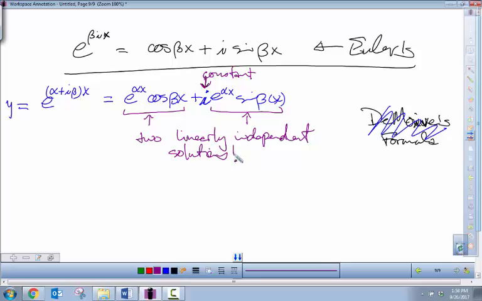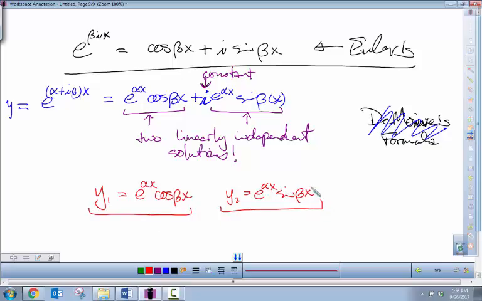So these two are linearly independent solutions to our differential equation. So what we can say here is that y1 is going to equal e to the alpha x cosine beta x, and y2 is going to equal e to the alpha x sine beta x.